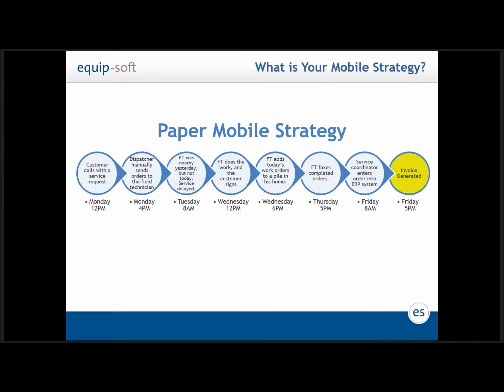The field tech grabs that paperwork in some way and takes it out to the field, and then they can finally do the real work. They actually can go out to the customer site and perform the work, but only after they've got the paper in hand. So it's possible that could cause a delay depending on exactly where the technician was when the order was called in.